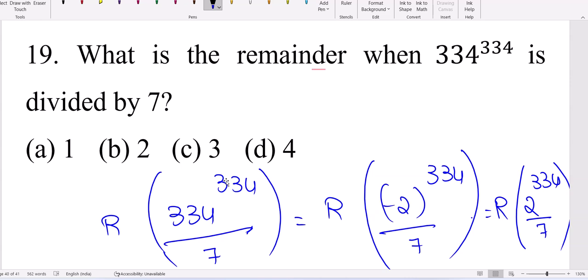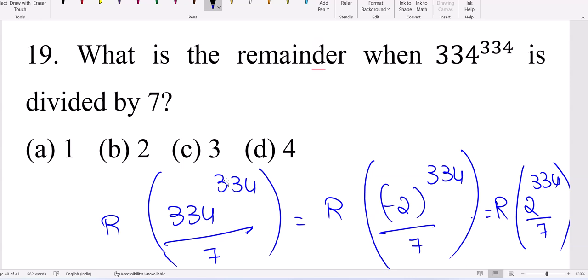Can you divide 2 by 7? No, so you have to increase the power: 2 square, 2 cube, 2 power 4, whatever it might be. Which one is better? 2 cube. 2 square is 4, which divided by 7 is no good. 2 cube is 8, and 8 divided by 7 leaves remainder 1.